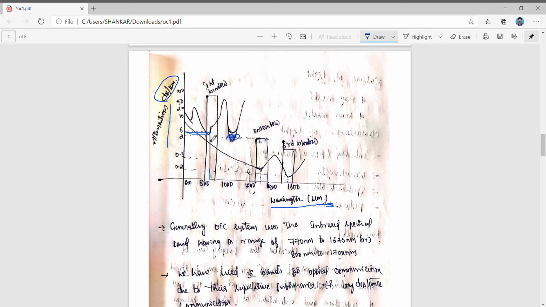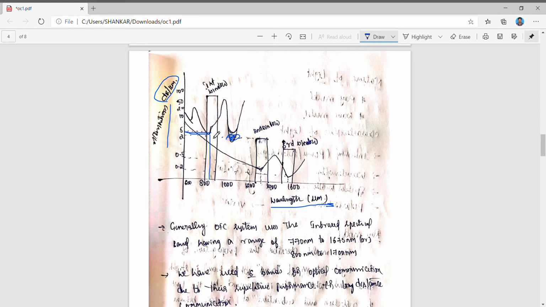Minimum attenuation means we get a good signal. So the minimum attenuation at 850 nanometer is 5 dB per kilometer. In order to get a very strong signal, there was progress in the optical domain. The designers mainly concentrated on reducing the attenuation levels.